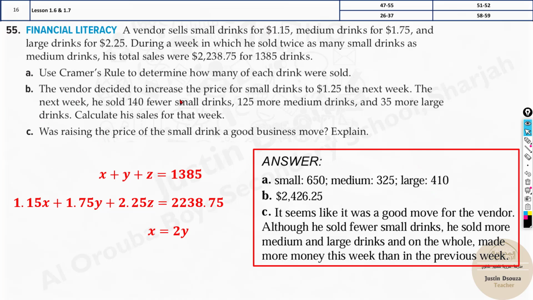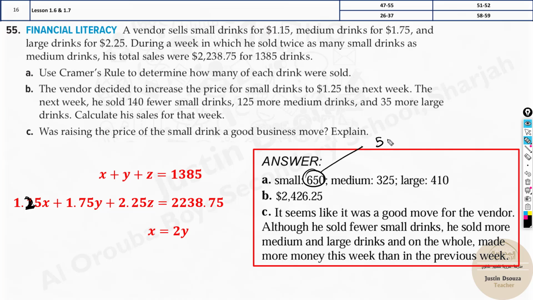Now the vendor decides to increase the price for small drinks to 1.25. Okay, so now from this 1.15 it became 1.25. Then what happened? The next week he sold 140 fewer small drinks. So initially it was how much? 650, right? It became less by 140.